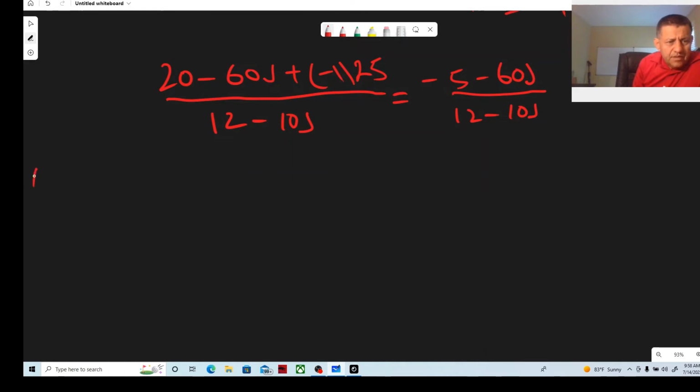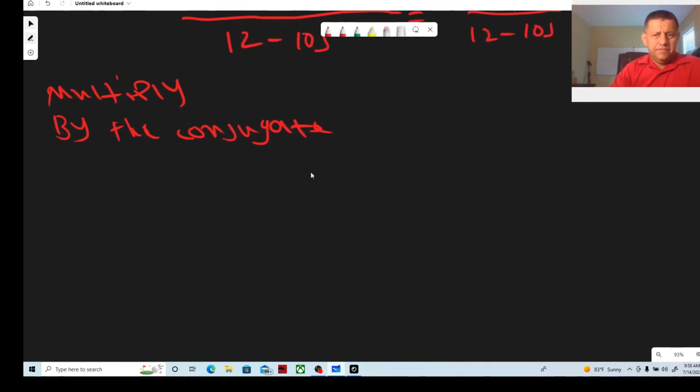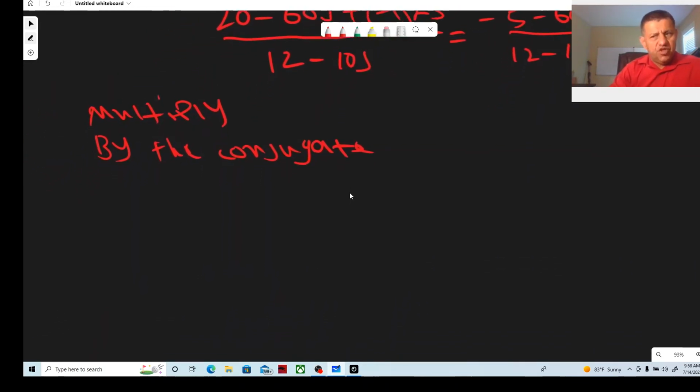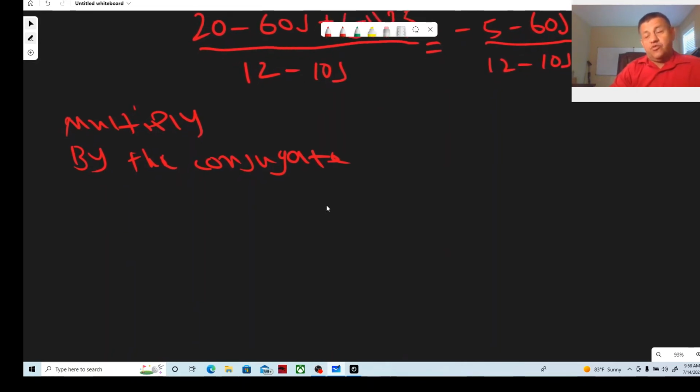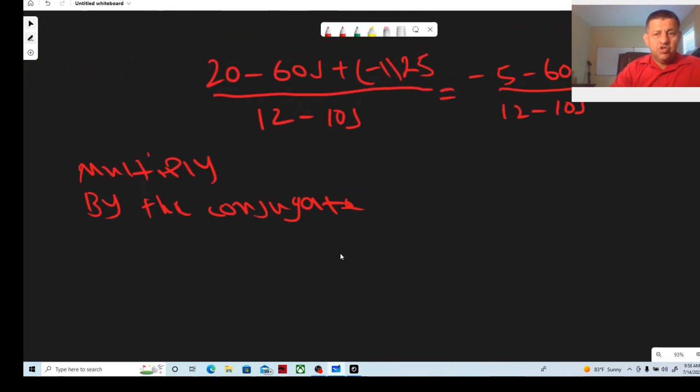Right. So we multiply by the conjugate. And remember, we have to add those ones in series from the circuit. So we have to add those. So we multiply by the conjugate.